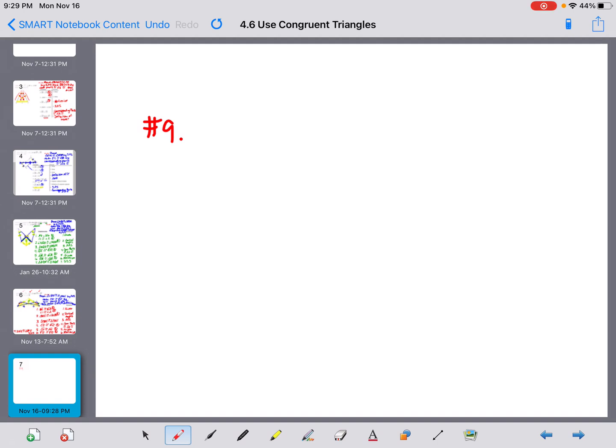Or what can we do with the coordinates? I like the way you're thinking. I like distance formulas too, right? How about some distance formulas? Okay. How many are you going to need to do here? 6. Okay.